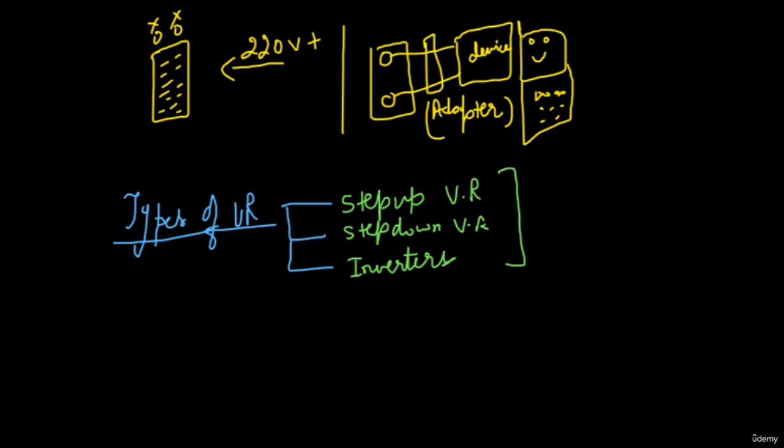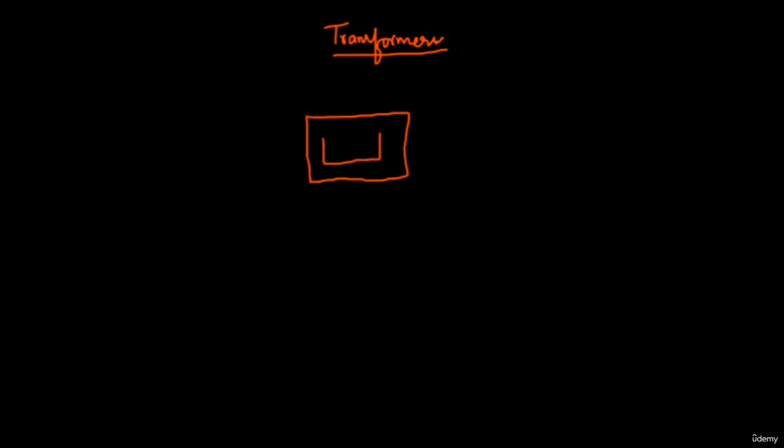Let's see the step up and step down concept first. To understand this concept, we need to understand something called transformers. What are transformers? Transformers are small instruments, or let's just make a very basic transformer and then we will understand what's actually happening.